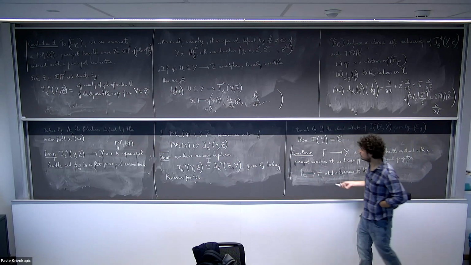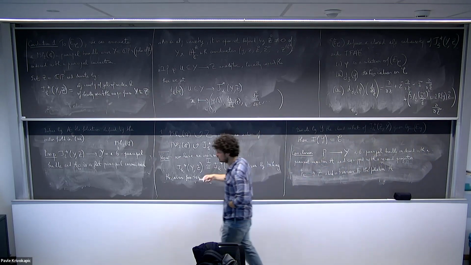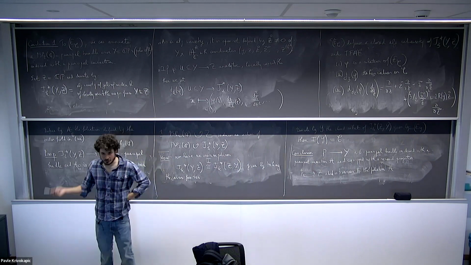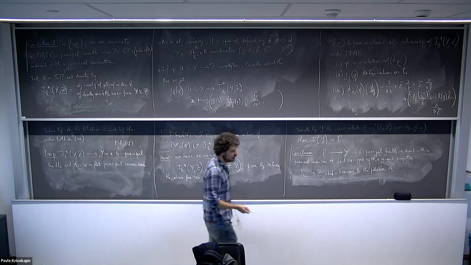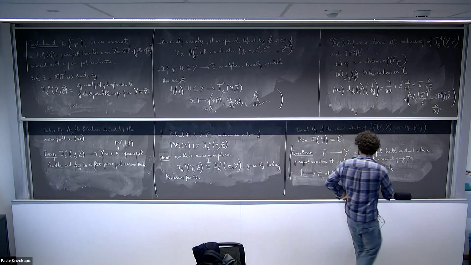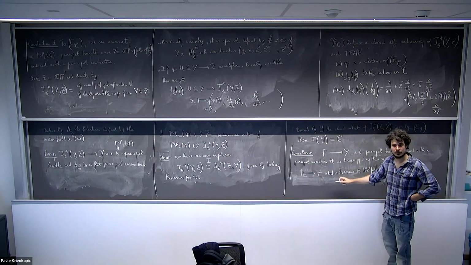So the equation satisfied by the J function is not directly a G principal bundle with a principal connection, but there is a second fibration such that this works. Does that make sense?